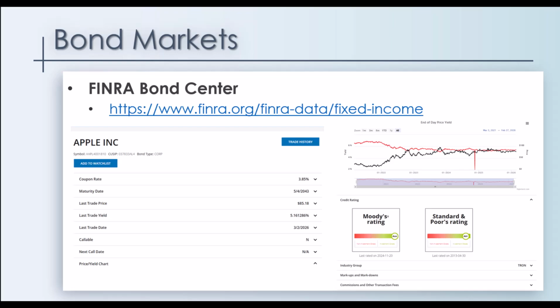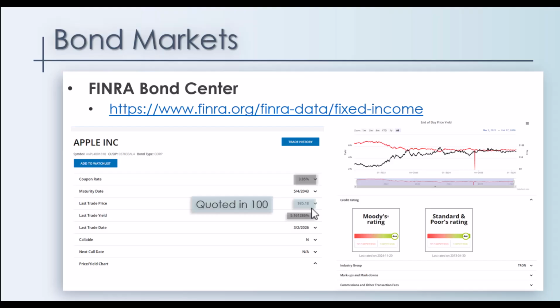So the resource is called FINRA Bond Center, and if you actually click the website that shows up on the lecture note, it will direct you to a lot more information, but one of the pieces of information would be the screenshot that you see right now on the lecture notes. And here you can find a lot of details such as the coupon rate and the yield to maturity of the bond, and also what it's being sold at the moment.